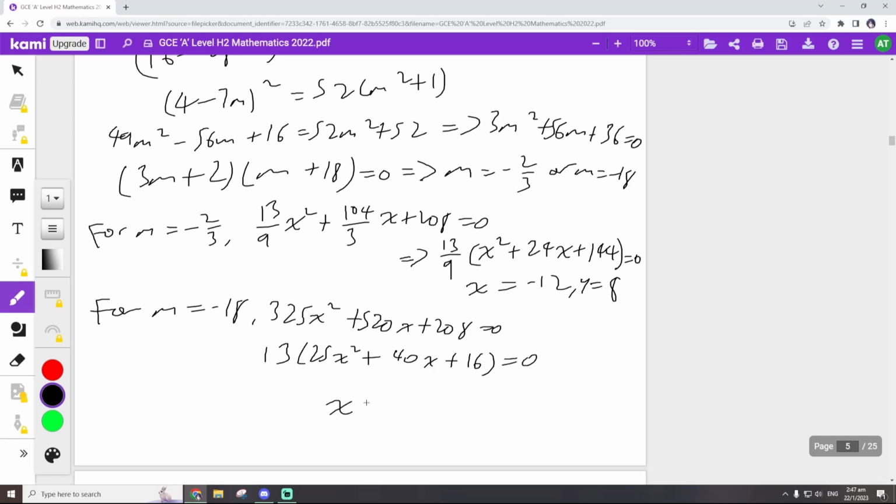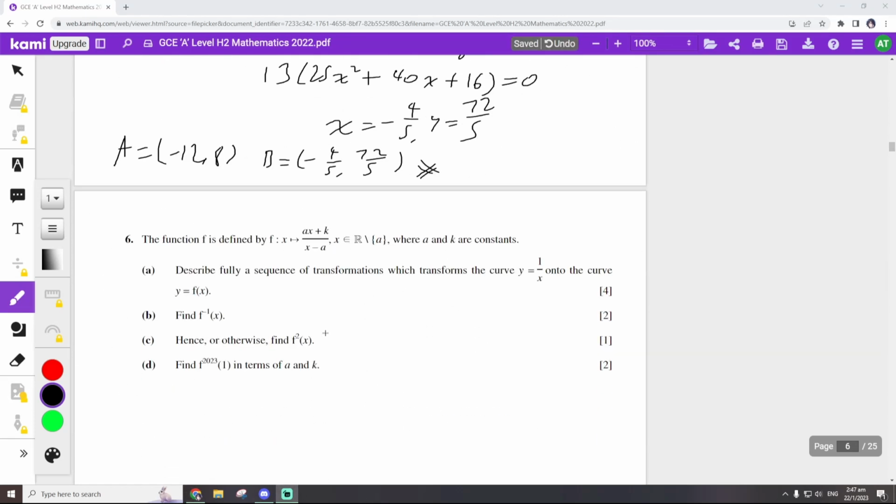And this also only admits one root. x is negative 4 over 5, and y in this case would be negative 18 times this, which is 72 over 5. Okay, so therefore your A is (-12, 8), B is (-4/5, 72/5). Okay, so that's question 5.